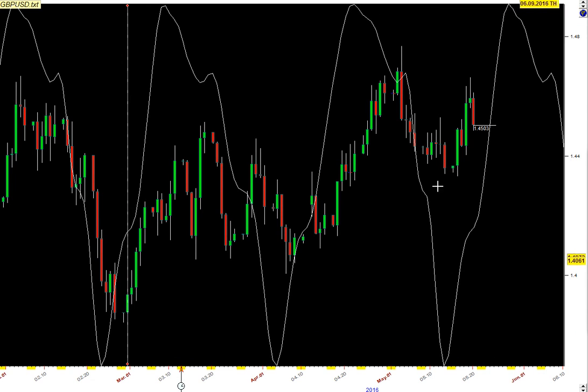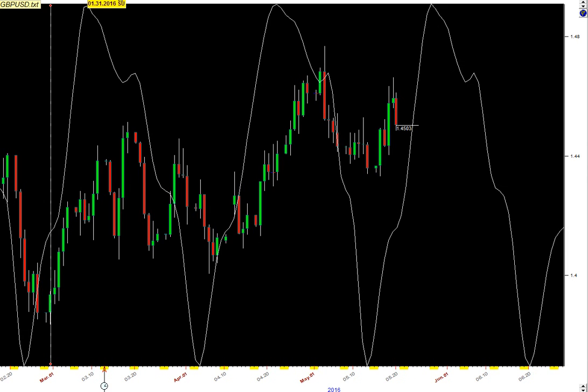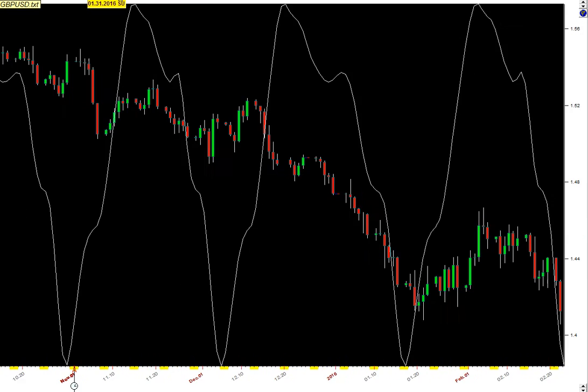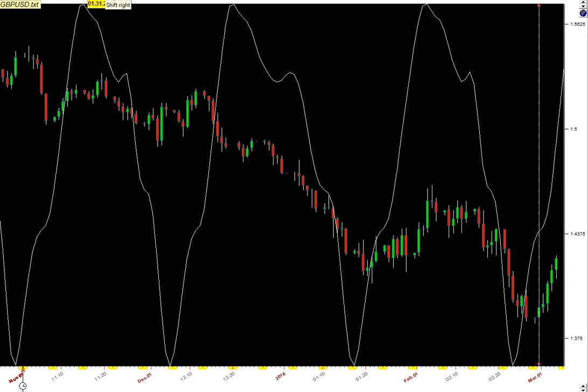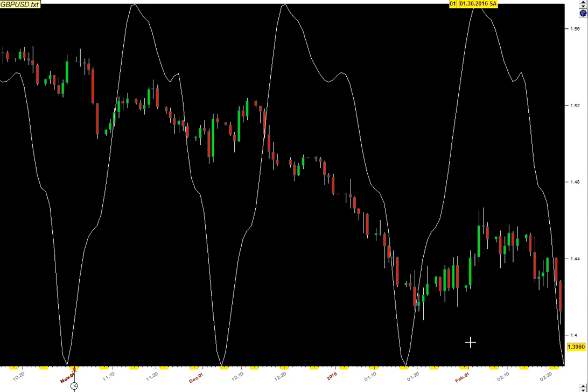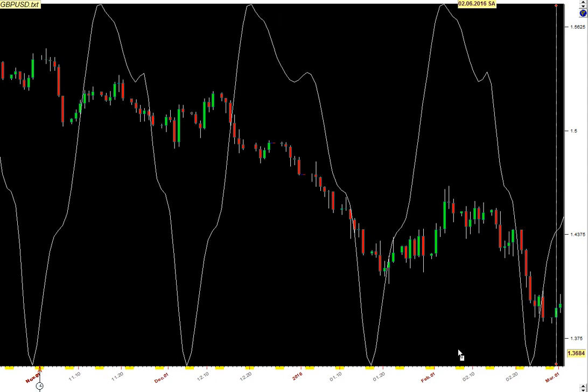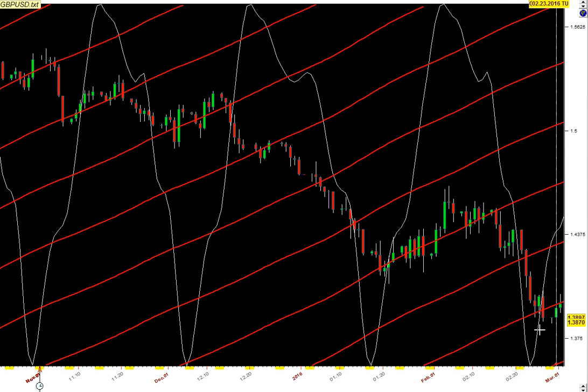So to put this in motion, let's make pretend that this was the low right here. That's the low right there. Let's add these planetary lines, and let's take it from there. This is how I would trade it.